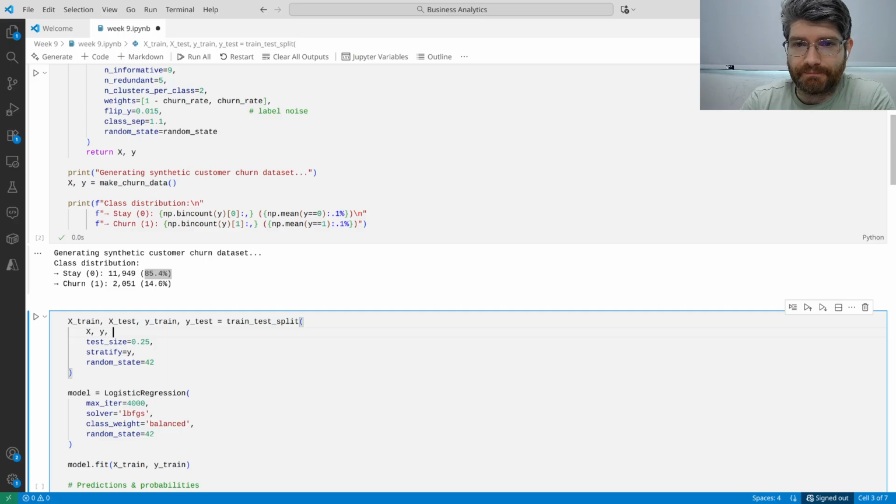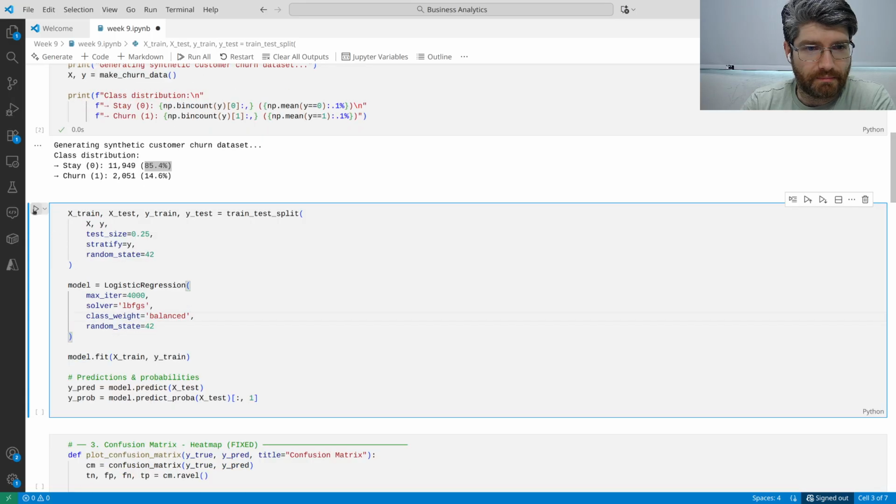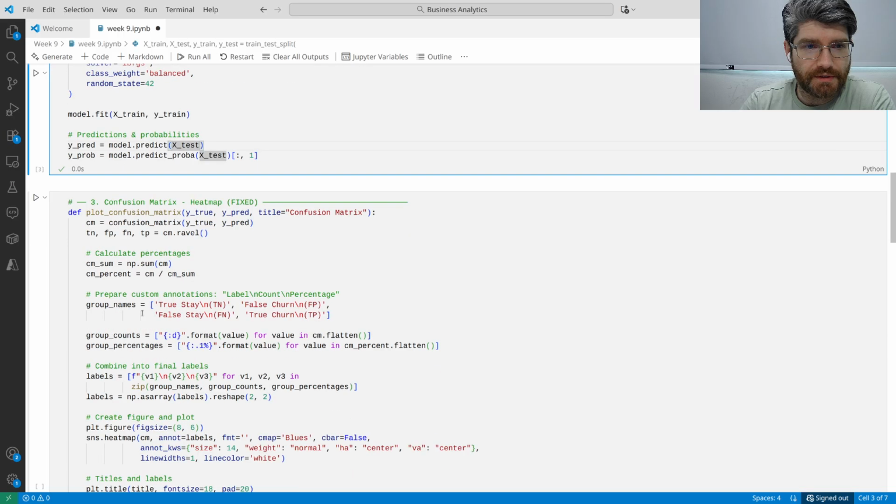So the confusion matrix is like a scorecard of your model's hits and misses. Let's train the model first. This is our split of the data set. We stratify by our target and build the logistic regression given the balanced class weights, predict probabilities, and build the confusion matrix.